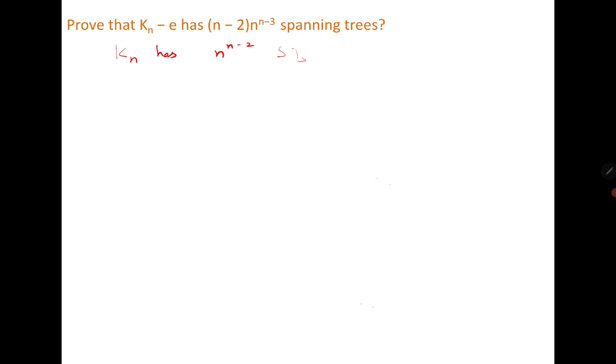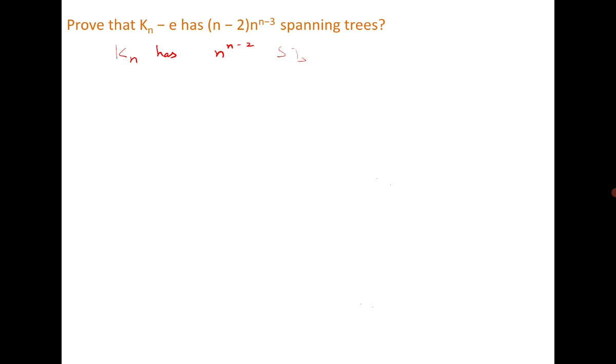Now to compute the number of spanning trees in Kn minus E, what we can do is fix the edge E. We can find all spanning trees containing E and subtract it from the total number of spanning trees.